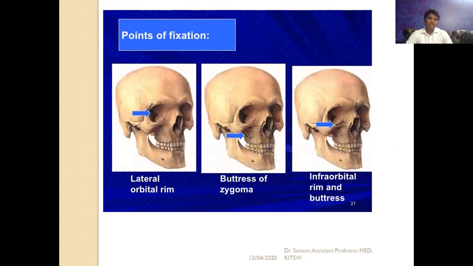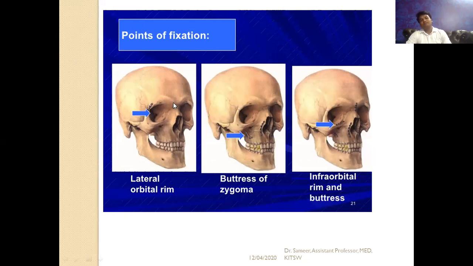To know what the lateral orbital rim is, if we take the skull points of fixation, the arrow in the first diagram shows what we call the lateral orbital rim. The upper part of the lateral orbital rim is the exact location of the fracture of the patient in the traffic accident.